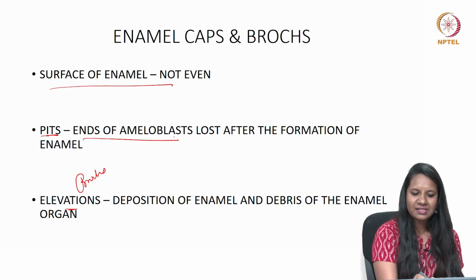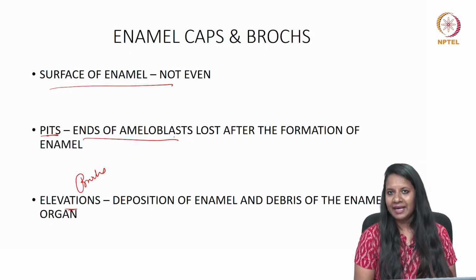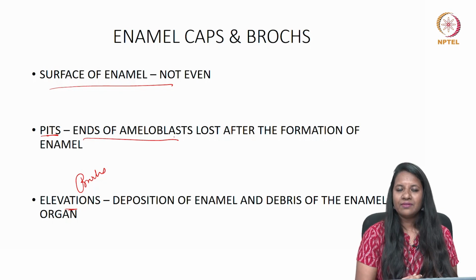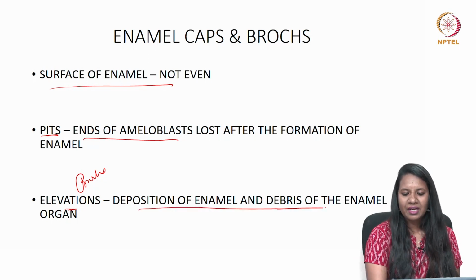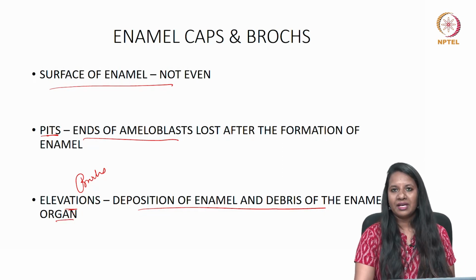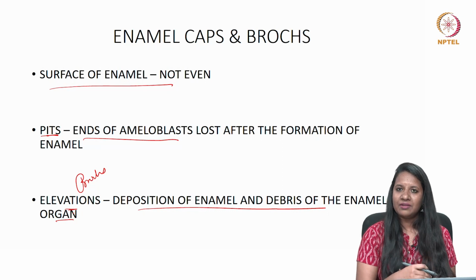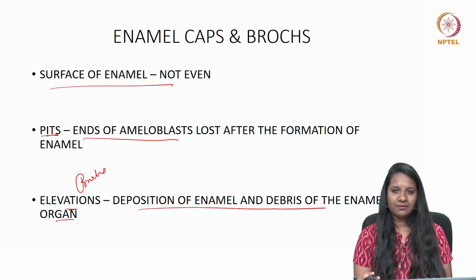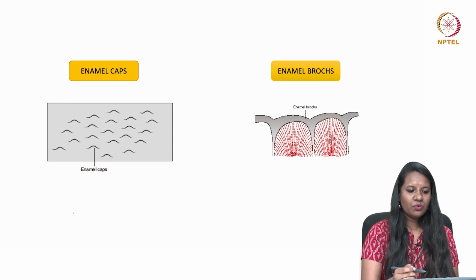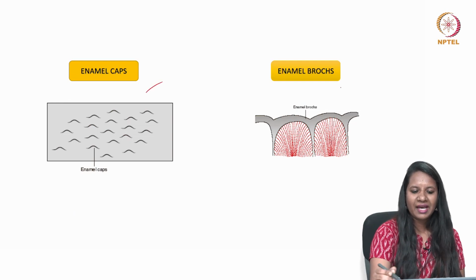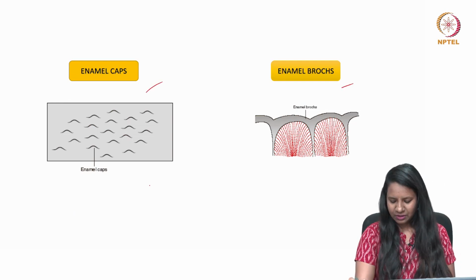The ends of ameloblasts after the formation of enamel. Then elevation means something is added up. What is added? Deposition of enamel and debris of the enamel organ is added. So, the surface of enamel is not smooth. It will have either a pit or an elevation. This picture depicts enamel pits and brocks, that is pits and elevations.